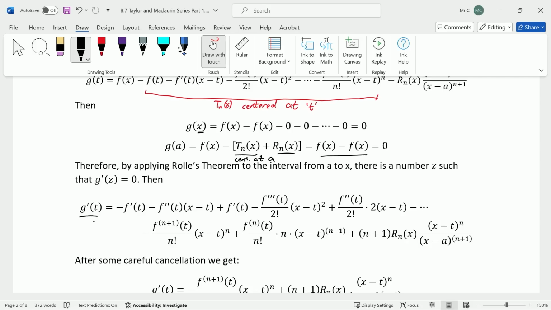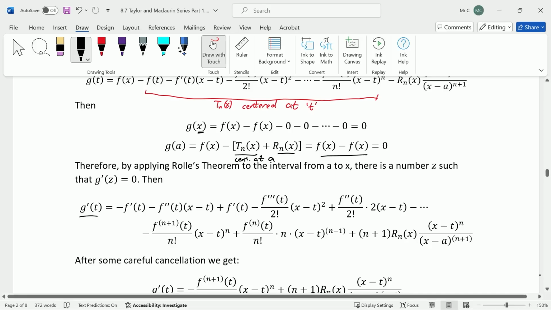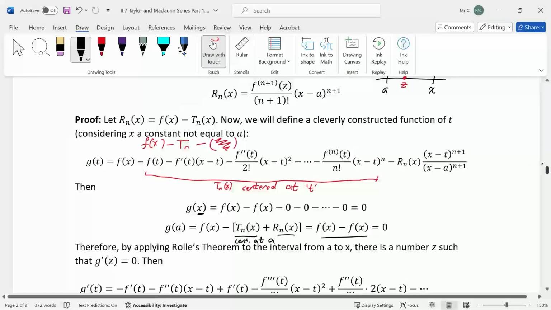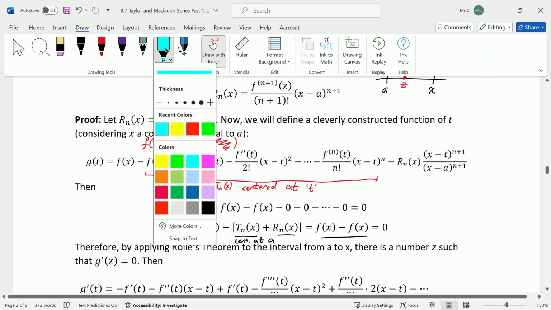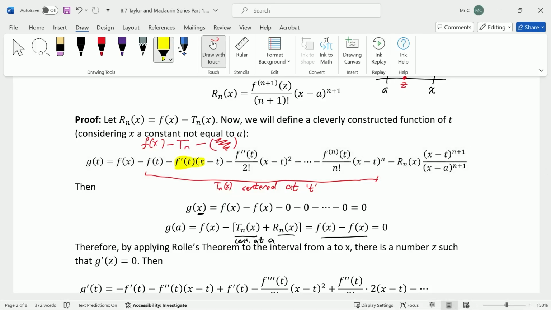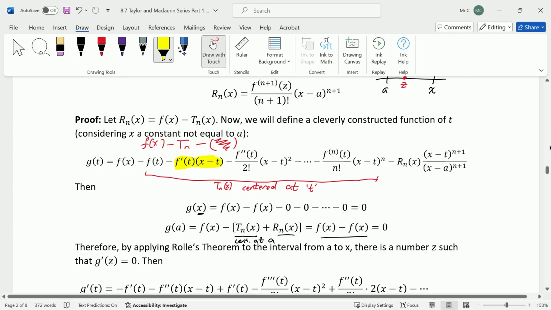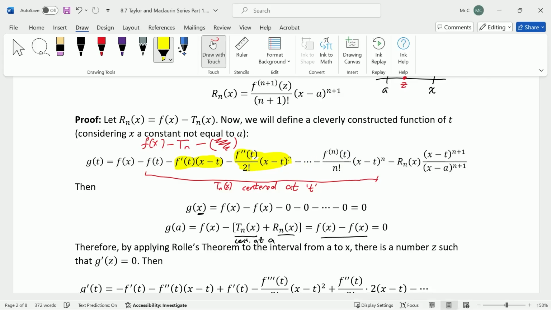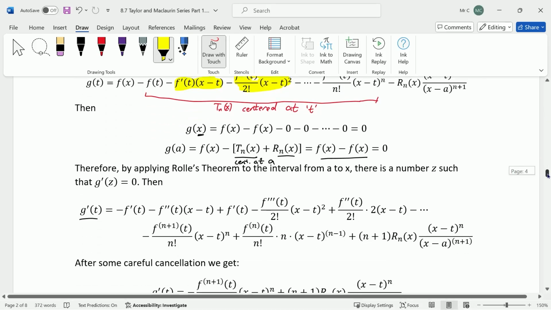So g prime of t, when I take this derivative, notice that these expressions up here, like f prime of t times x minus t, that's a product rule, and this is a product rule, and a product rule. All of those terms are going to require product rule derivatives.